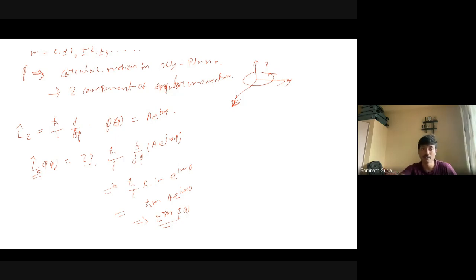That means this phi function is the eigenfunction of the Lz operator. That means phi actually includes the angular momentum along the z axis, right? Okay, fine.